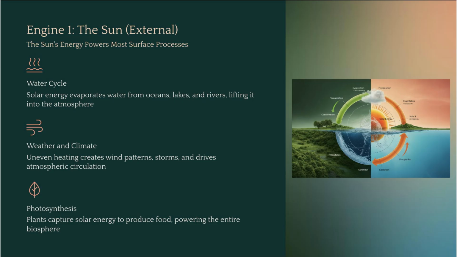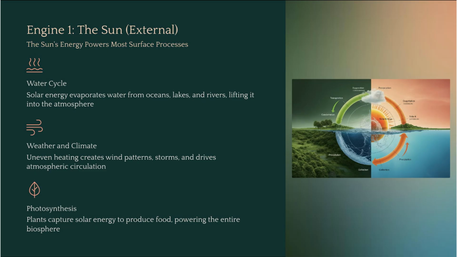The first engine is the one we see every day, the sun. Its energy, called radiation, is the gas for almost everything that happens on Earth's surface. It's the sun's heat that evaporates water from the ocean to create clouds and rain. It's the sun's uneven heating of the planet that creates high and low pressure zones, which we feel as wind.